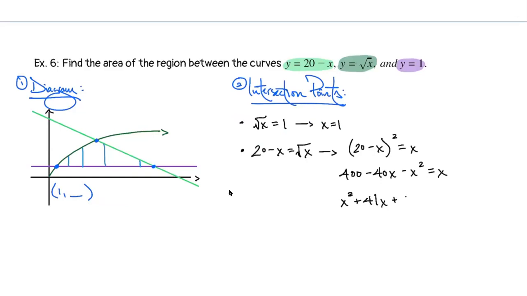Plus 400 equals 0. Let's see, x squared plus 41 minus, yeah, I think that's right. I moved the 40x to the right-hand side because I didn't want my x negative, so I just moved all the terms to the right-hand side. So now we factor.